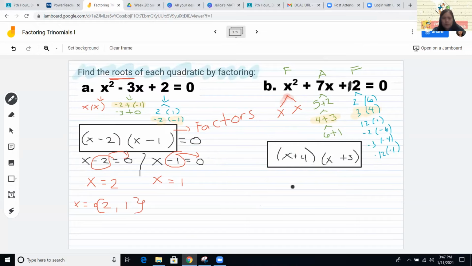Just extend this one. To find the roots, we'll just equate both equations to 0. So x plus 4 equals 0, and then x plus 3 equals 0. And then we'll move the positive 4 to the other side.